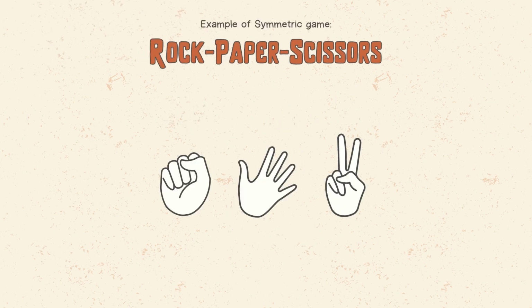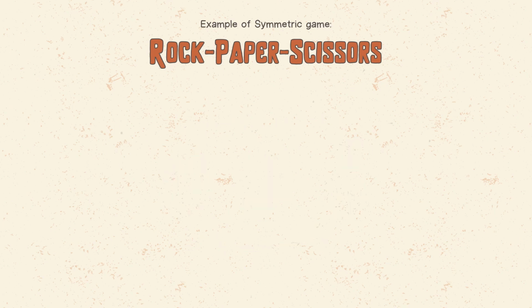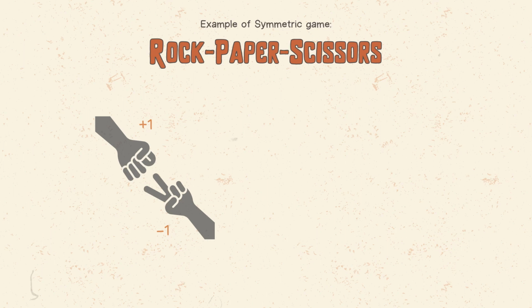An example of a symmetric game is rock, paper, scissors, in which two players simultaneously choose one of 3 options: rock, paper, or scissors. The outcome is determined by the following rules: rock beats scissors, scissors beats paper, and paper beats rock. The payoffs are the same for both players, +1 for winning, -1 for losing, and 0 for tying.